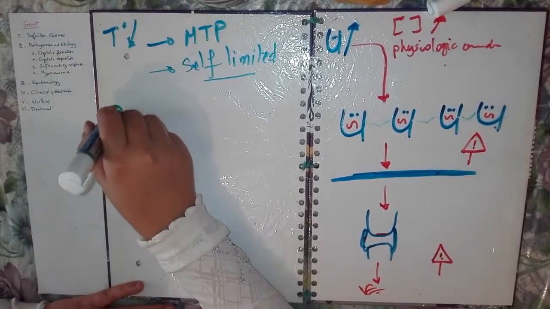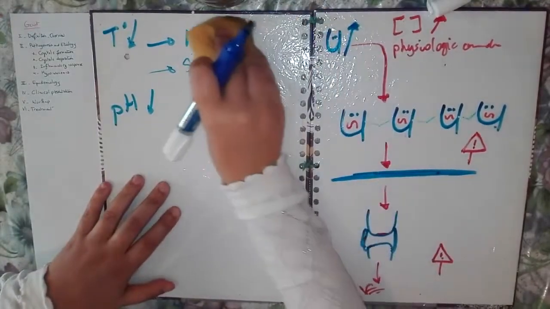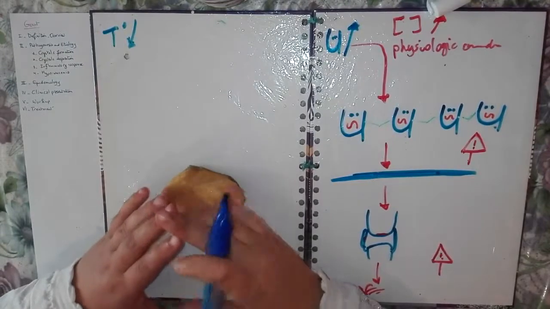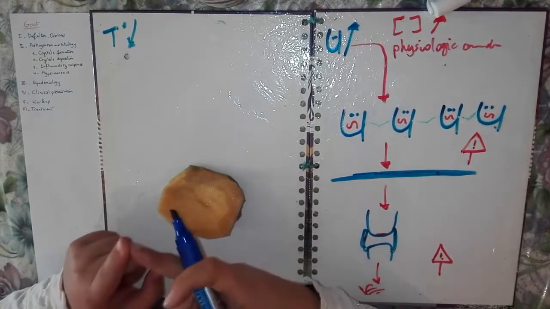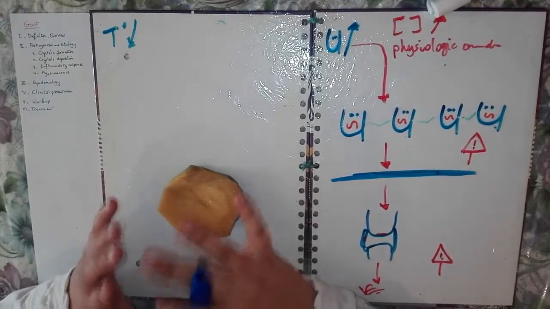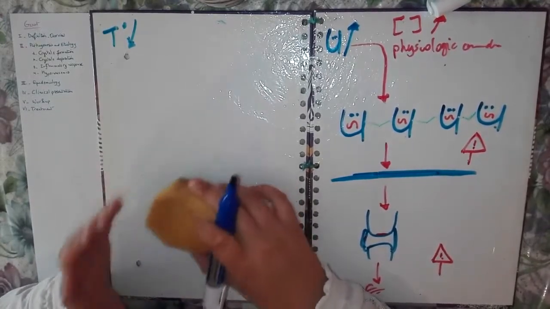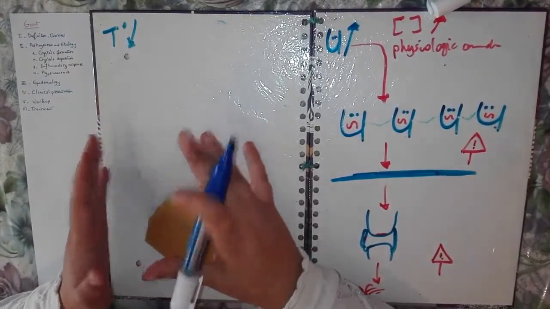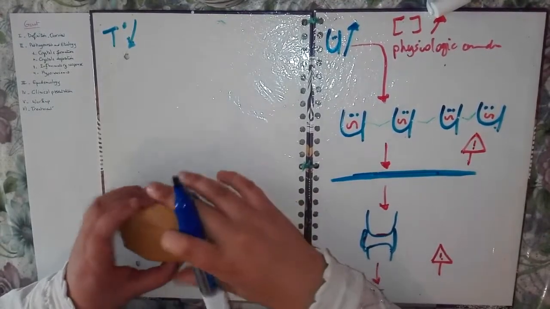The pH now. Low pH, an acidic environment. Acidic conditions like exercise, respiratory insufficiency, alcohol consumption are related to gouty flares. They are triggers of gouty flares. This acidosis can explain why they are triggers.